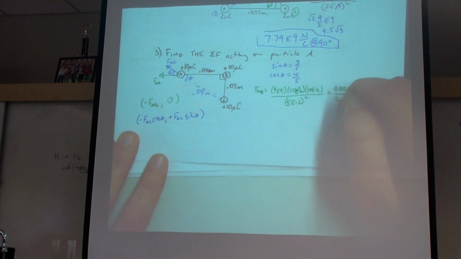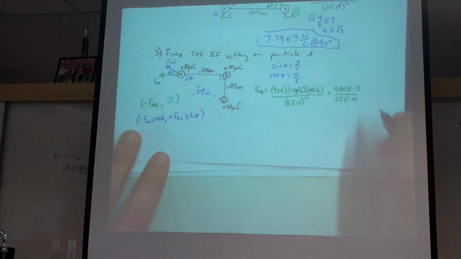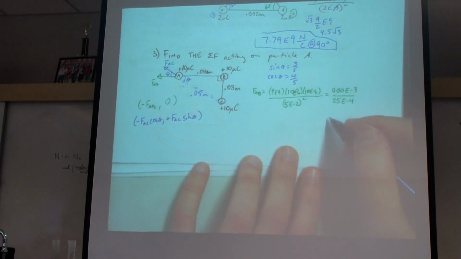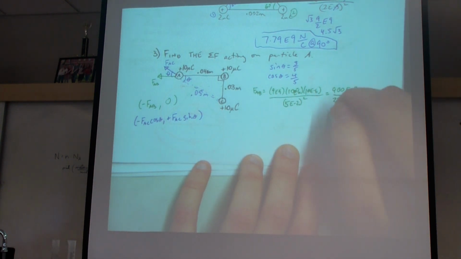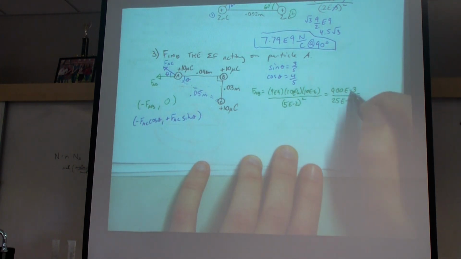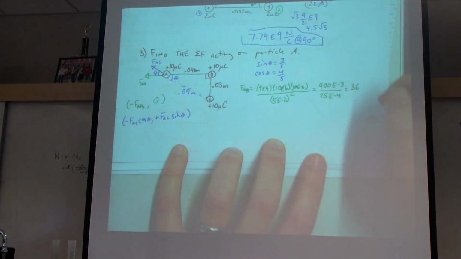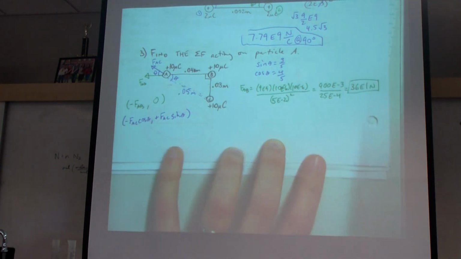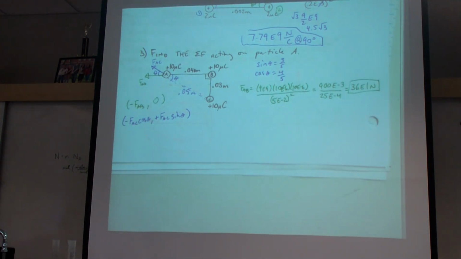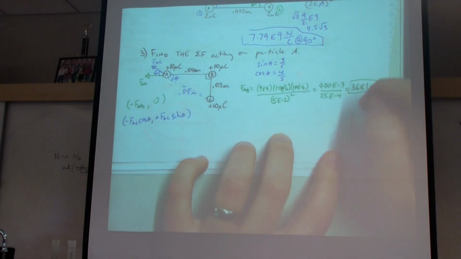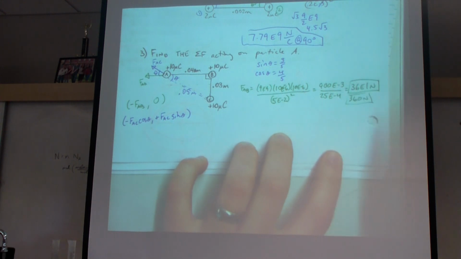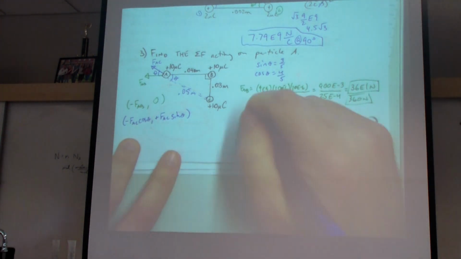On the bottom, I have 25 E negative 4. 25 goes into 900, I think, 36 times. Is that right? Yeah. Cool. E to the negative 3 over E to the negative 4. How good's your mental math? I'm lapping you guys right now. Let's just call it 360. 360 newtons for FAB. What about FAC?